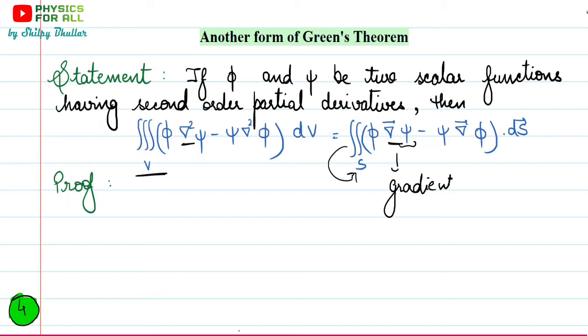So the duty of Green's theorem is actually to relate two integrals, and we know that surface integral is the main one. It depends on the way you are using it, that sometimes it relates with volume integral and sometimes it is related with line integral. So that's the common one.